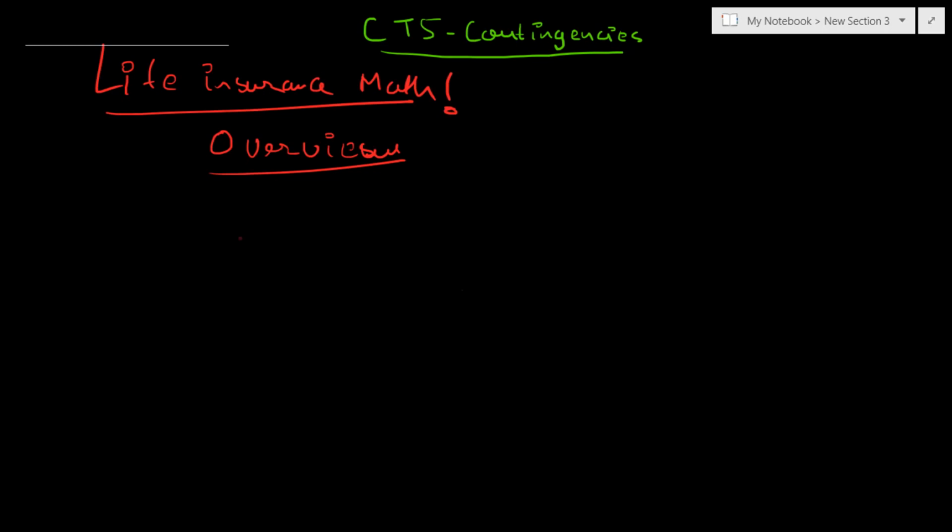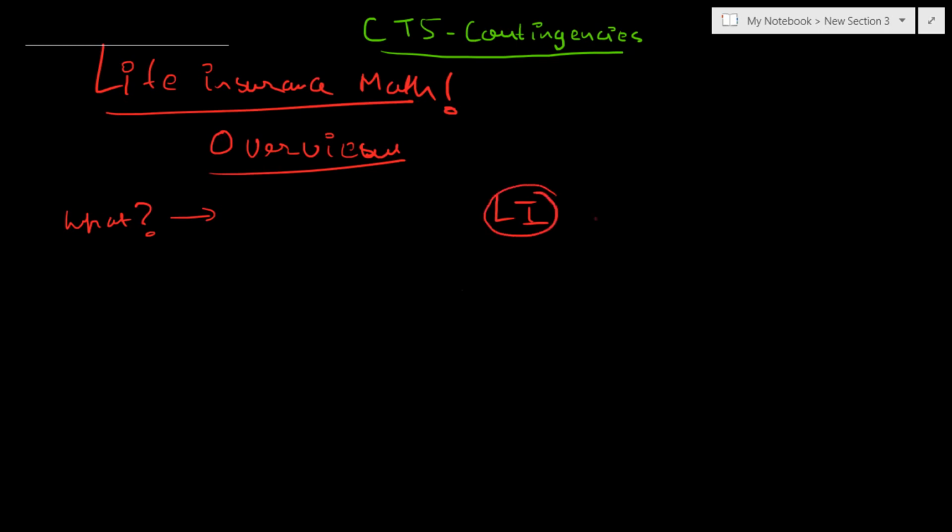Okay, so what are we trying to do here as an actuary? That is our first question. Suppose I am an actuary appointed by a life insurance company, and what a life insurance company does is a very simple kind of thing.